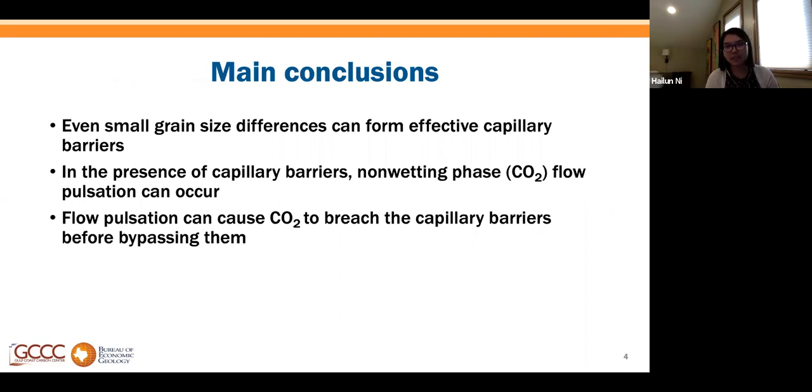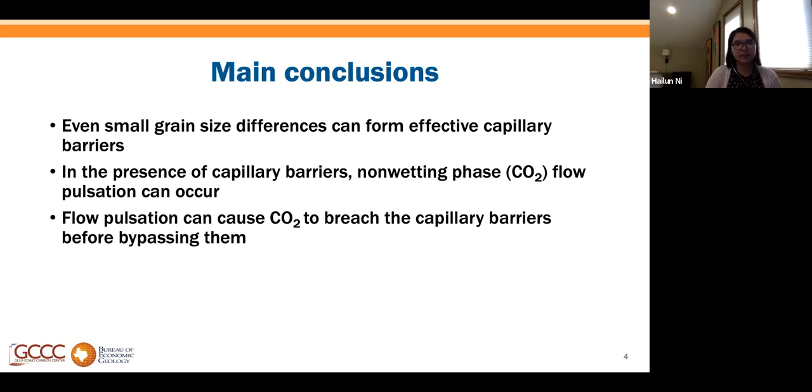And in the presence of these capillary barriers, non-wetting phase fluid, such as CO2, can demonstrate this distinct pulsation behavior, as we just saw in that experimental video. And these flow pulsation behaviors can actually cause CO2 to breach these capillary barriers before flowing around and bypassing them.